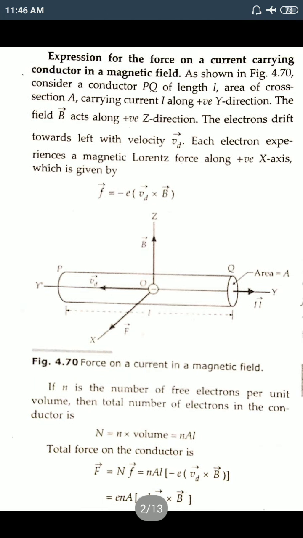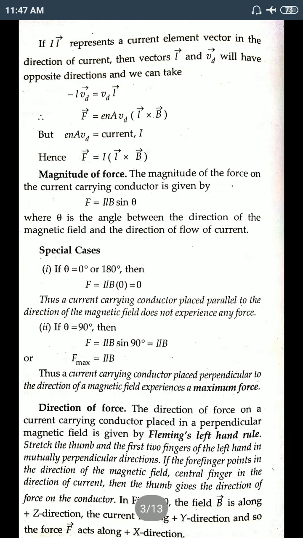That's why in this figure we consider the current flowing in the positive y direction and the magnetic field along the positive z direction, perpendicular, because all axes are perpendicular to each other. And why do we consider this? Because when the direction of current and the direction of magnetic field are perpendicular, the conductor experiences a maximum force.